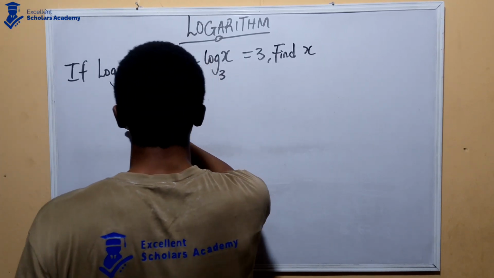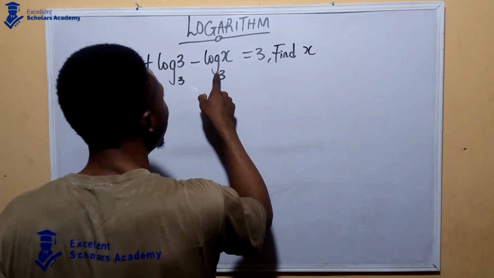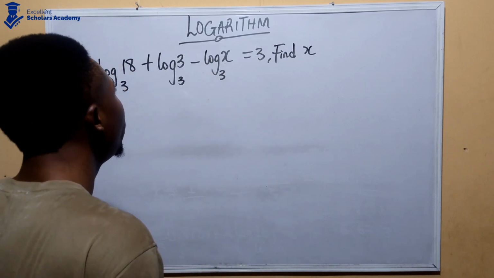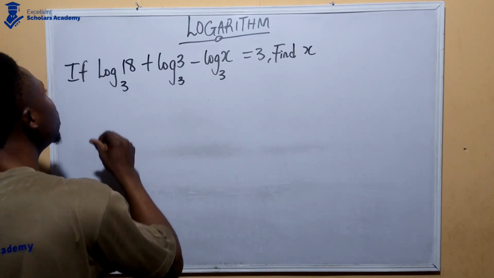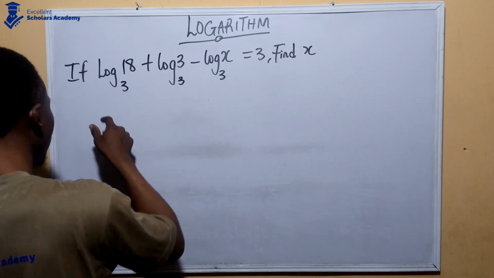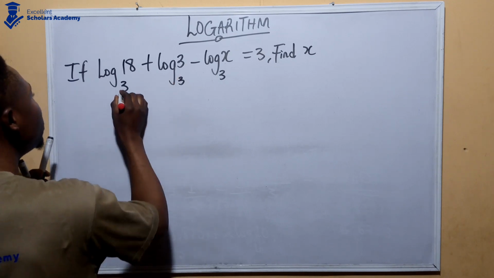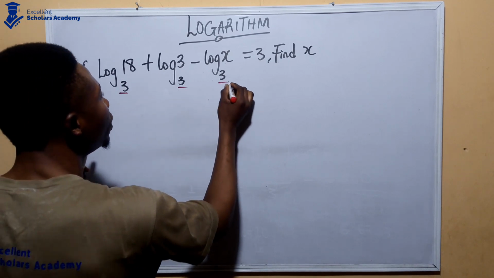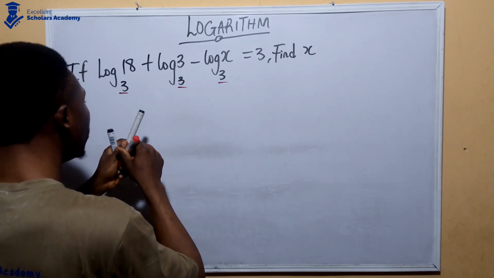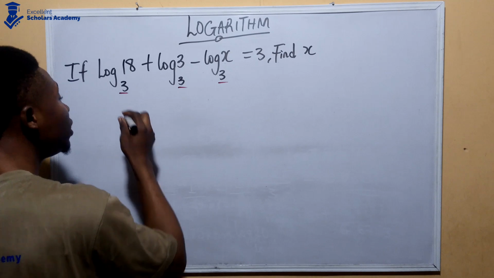If log 18 base 3 plus log 3 base 3 minus log x base 3 is equal to 3, find x. Now, you have this. If you notice, log 18 base 3, they all have the same base. But log 3 base 3 here gives us 1.